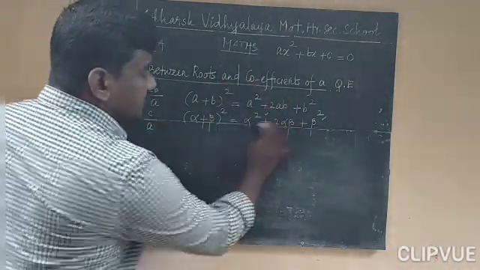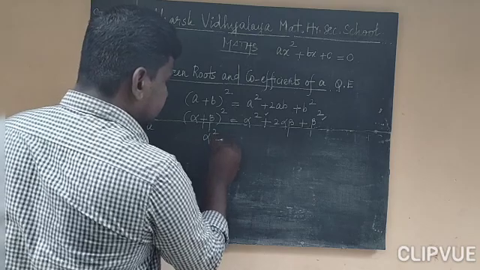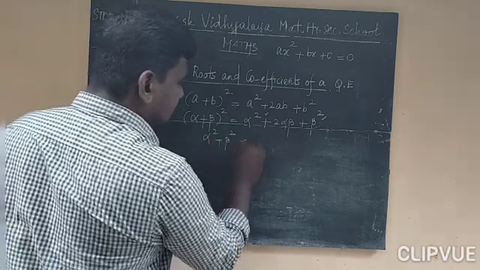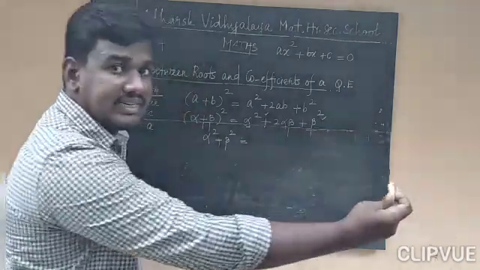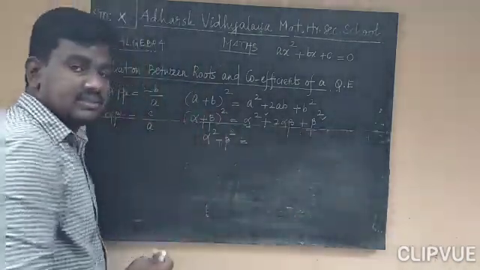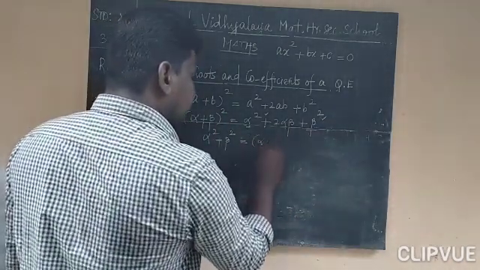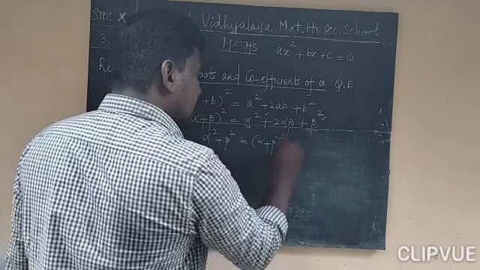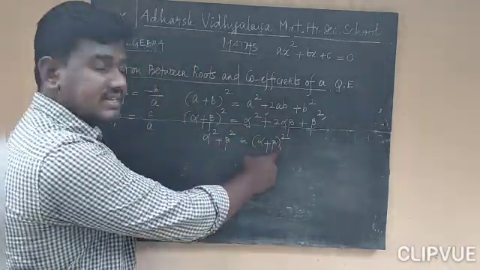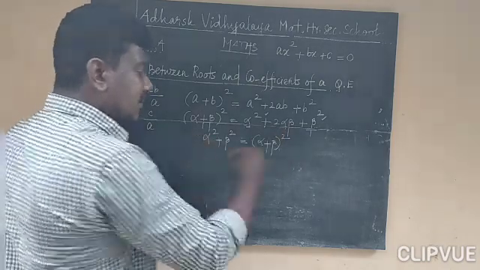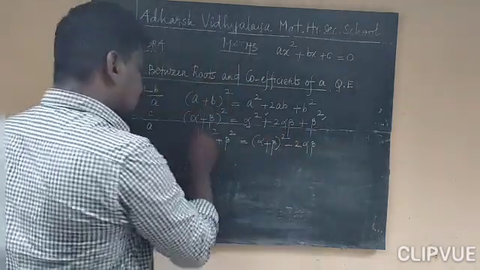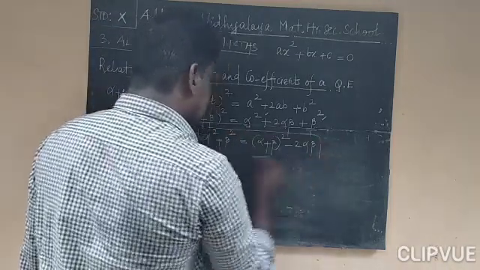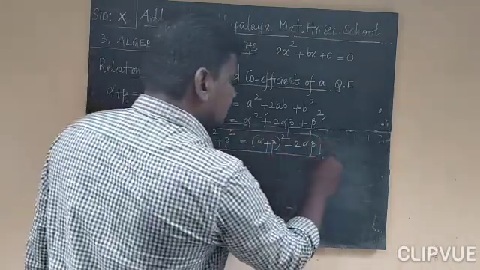So alpha square plus beta square is equal to, if we keep these two terms on the right hand side, we can bring this to the left hand side. What do we get? Alpha plus beta the whole square already exists on the left hand side, and this plus 2 alpha beta becomes minus 2 alpha beta. So this will be the formula.